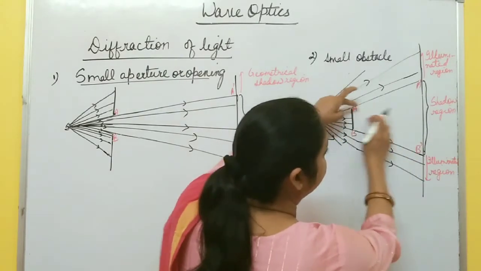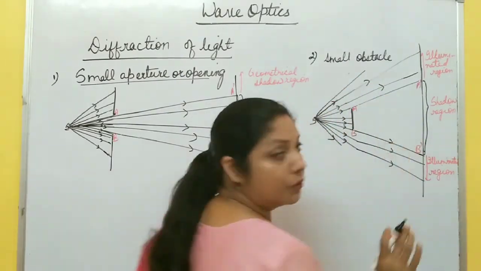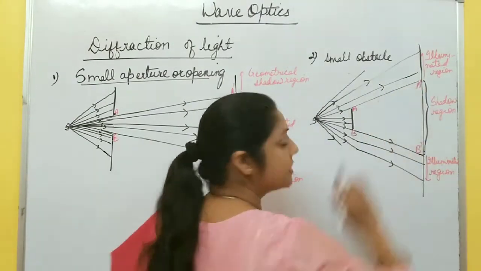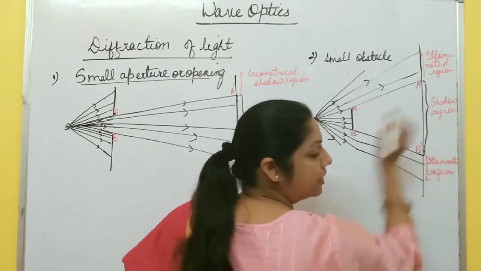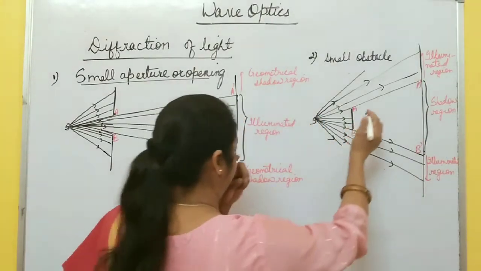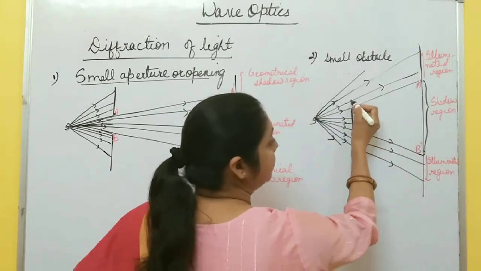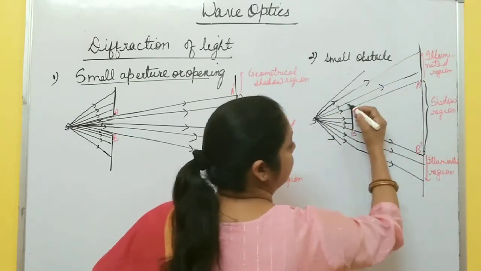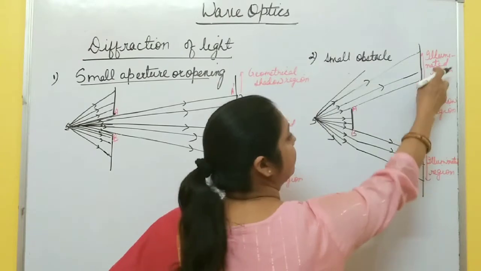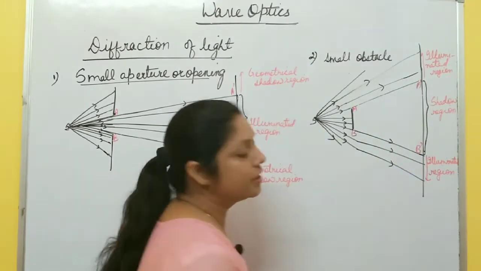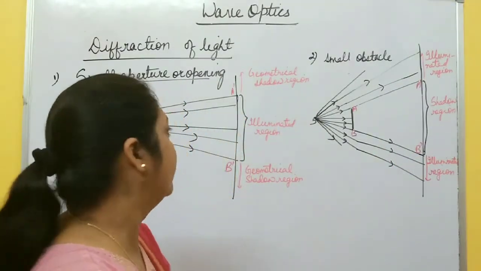Between A dash and B dash no light reaches, so a geometrical shadow region is formed between A dash and B dash, and light above A travels in a straight line and reaches these regions. Above A dash and below B dash, an illuminated region is formed, right?